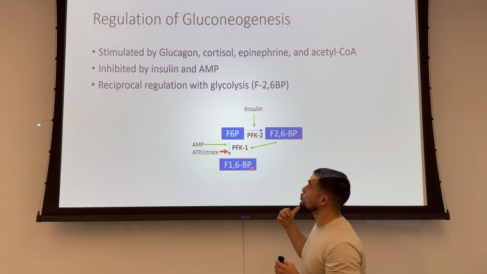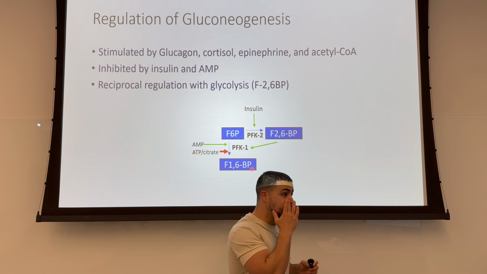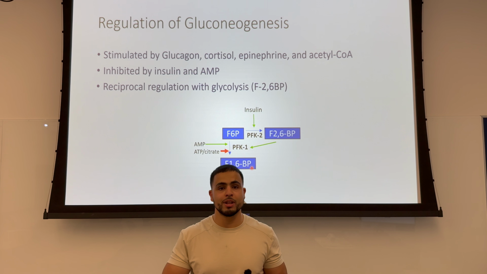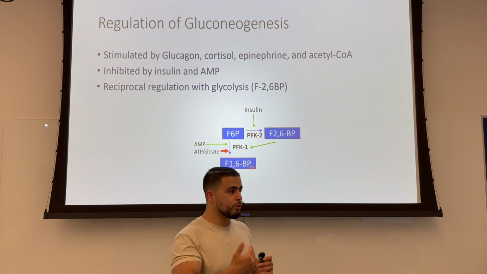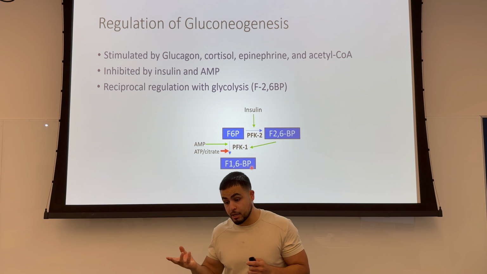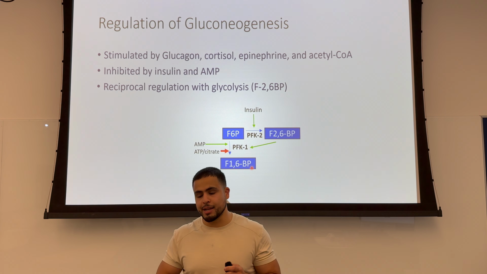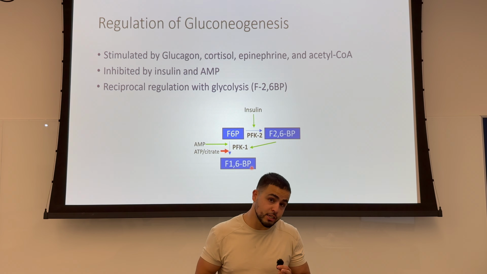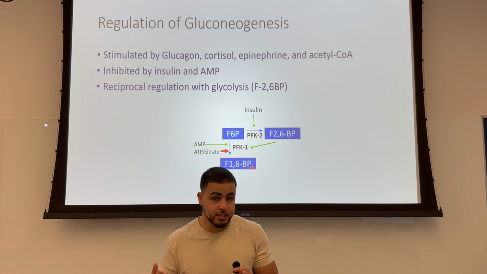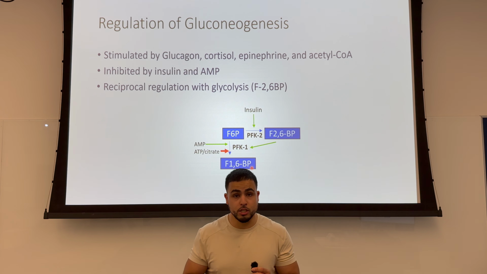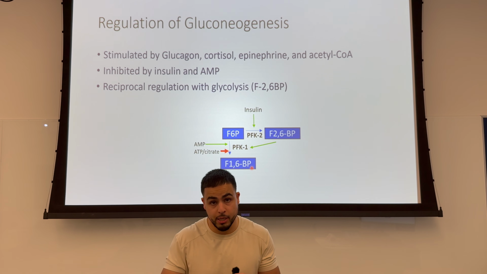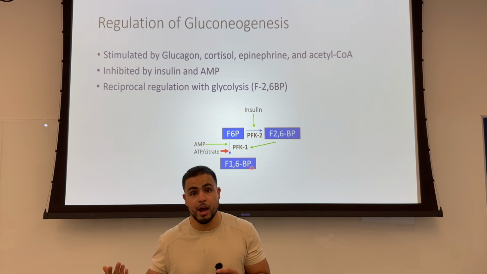So it's stimulated by glucagon, cortisol, and epinephrine. Again, gluconeogenesis is a process of wanting to survive, so you want to rely on more than one hormone to be able to stimulate it, okay? And this is something I didn't mention earlier, but essentially your glycogen stores are being used in the first 6 to 12 hours of fasting, whereas gluconeogenesis is really going to start being used once those glycogen deposits start to deplete, so really like 12 to 24 hours later.